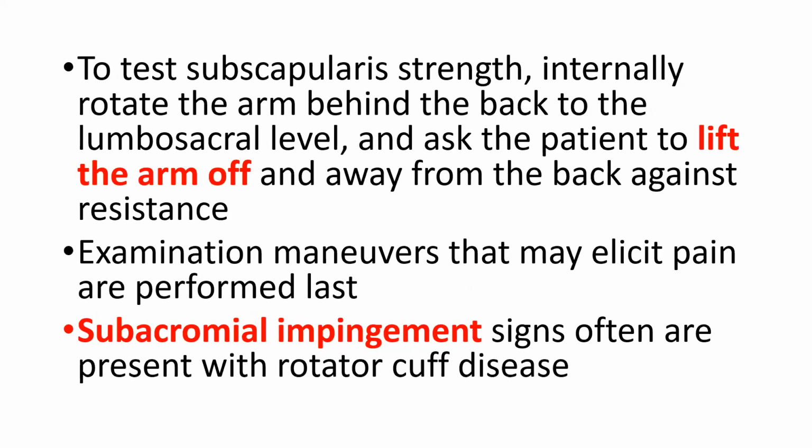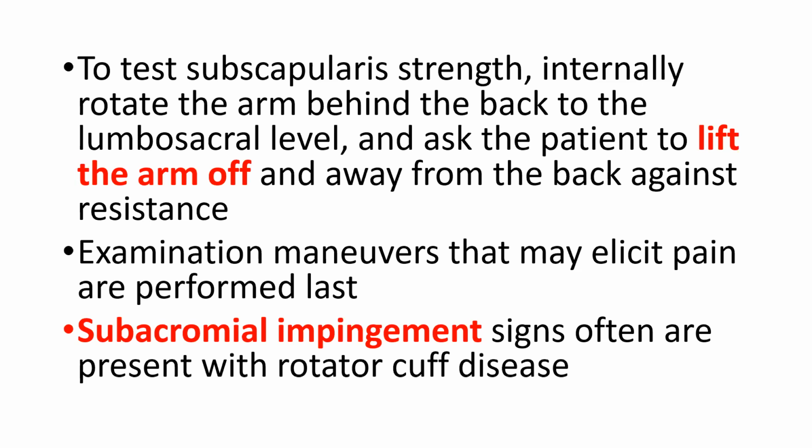To test subscapular strength, internally rotate the arm behind the back, to the lumbosacral level, and ask the patient to lift the arm off the back and away from the back against resistance. Examination maneuvers that may elicit pain are performed last.